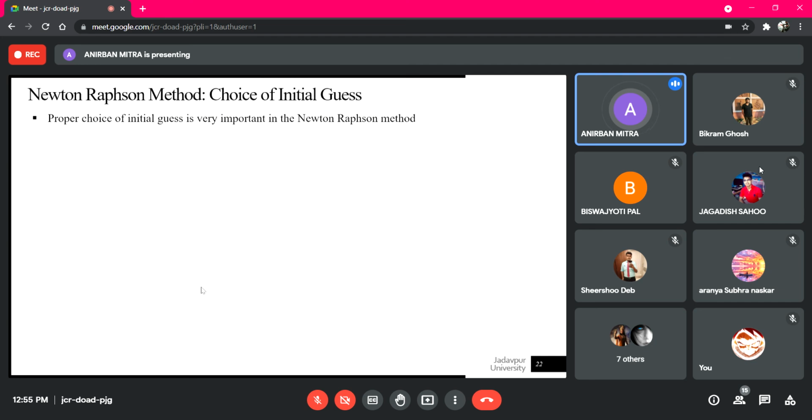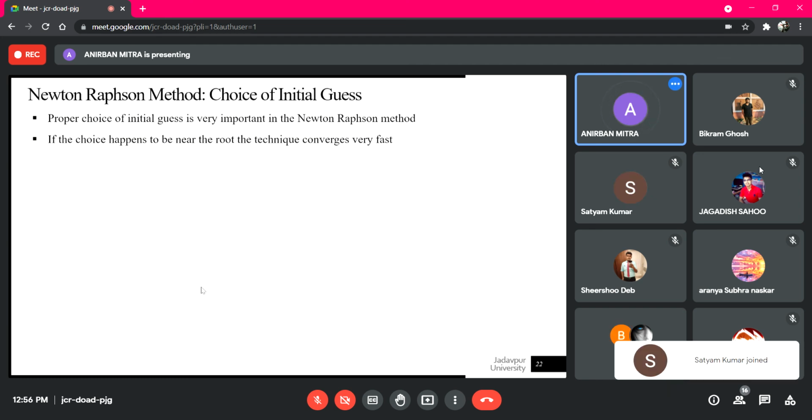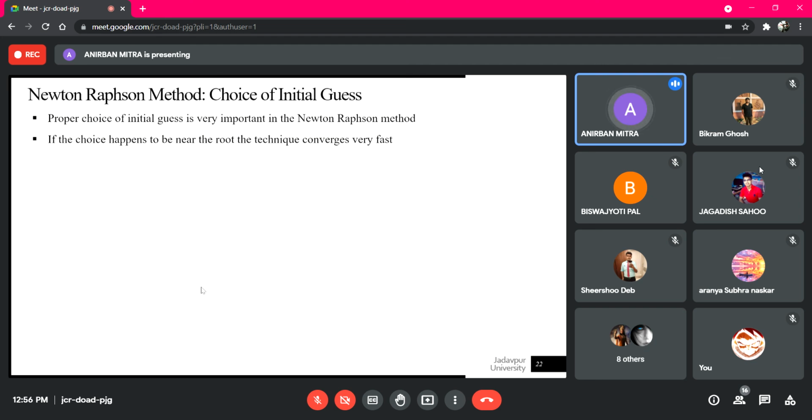But one thing that needs to be discussed in a little bit of detail is the choice of the initial guess, because it is very, very important in the case of Newton-Raphson. As already mentioned, if the choice happens to be not an appropriate one, not close to the actual root of the equation, then the method might not converge at all.